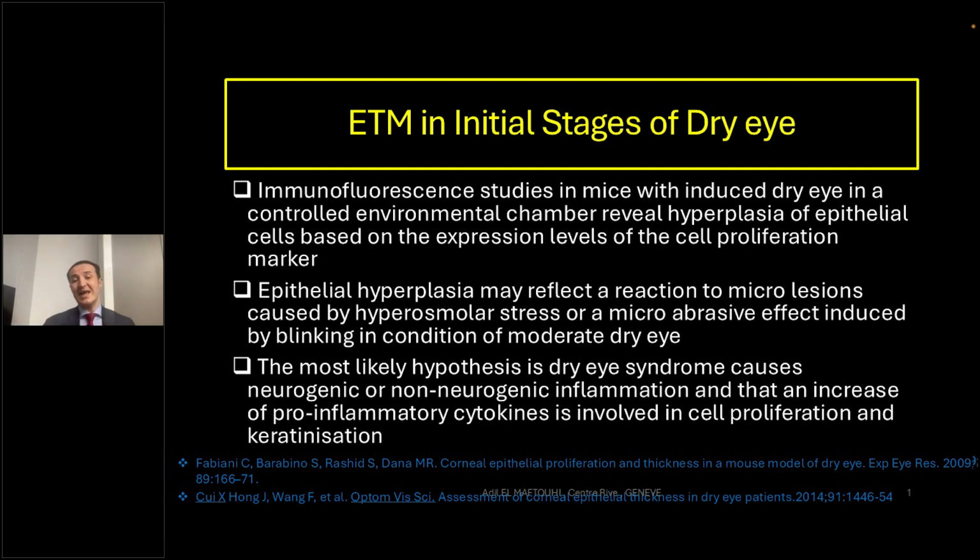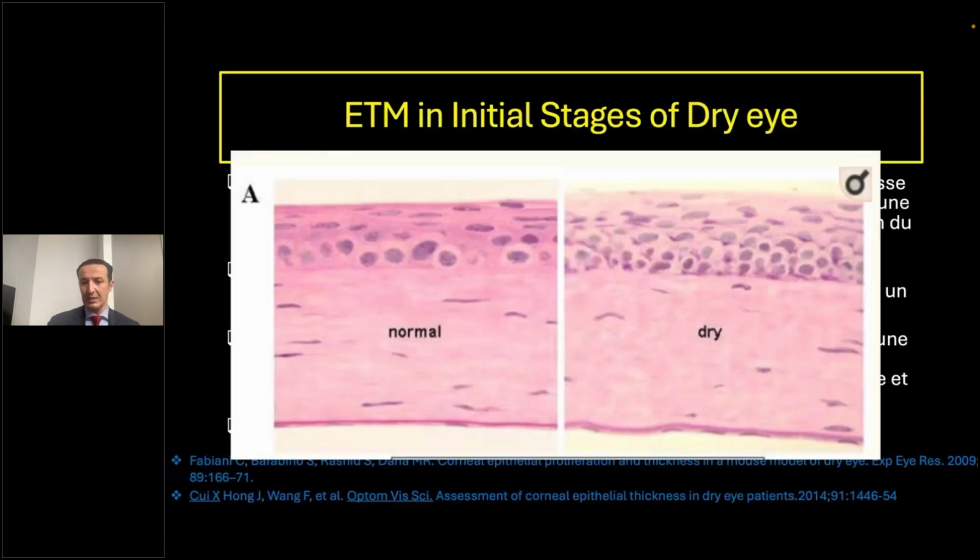The most likely hypothesis is that dry eye syndrome induces an increase of inflammatory cytokines, and we know the pro-inflammatory cytokines are involved in cellular proliferation and keratinization. And look, here is before and after the dry eye model in the maps, and we observe also a hyperplasia in this dry eye stage.